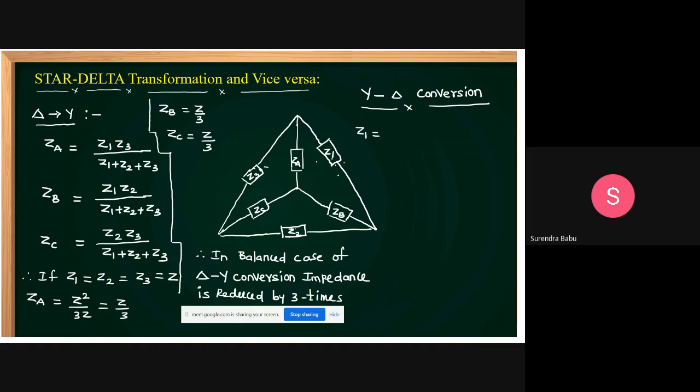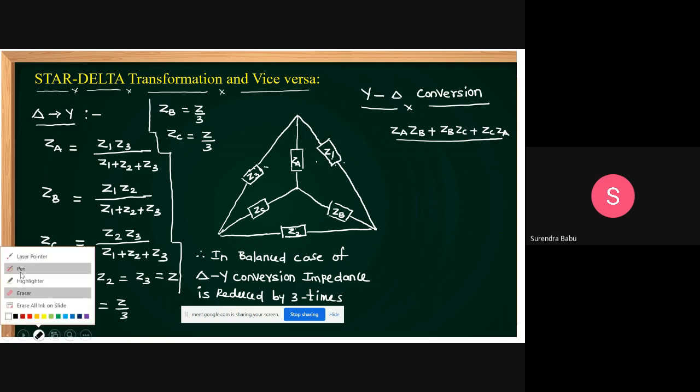It's very simple. You write the product: ZA, ZB plus ZB, ZC plus ZC, ZA, divided by... you are calculating Z1 of the delta network.